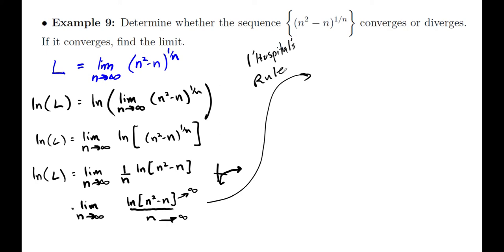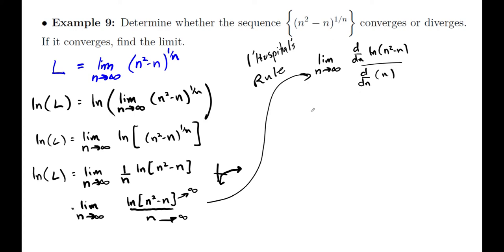Remember, with L'Hopital's rule, you take the derivative of the top and the bottom, and the limit of the ratio of derivatives will be the same. So we'll say d/dn of the natural log of that will be the same as the original limit.